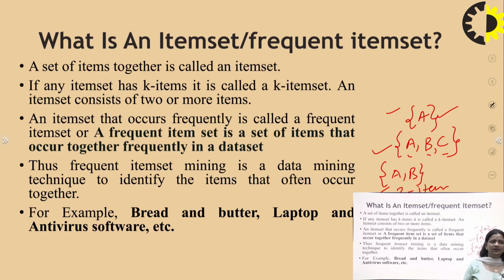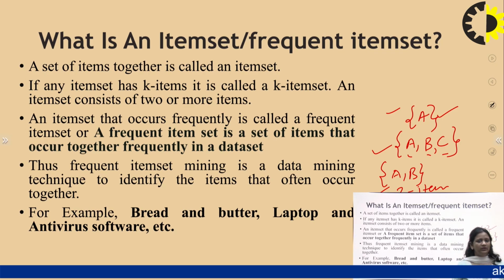So frequent item set mining is a data mining technique which is used to find the frequent item sets together. For example, bread and butter, laptop and antivirus software. For example, as a frequent item set, when a customer purchases bread, there could be a chance that the customer will also purchase butter, or we can say jam, the combination of bread and butter, bread and jam, and so on.